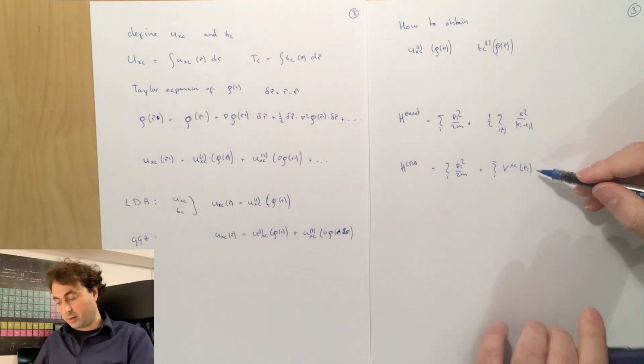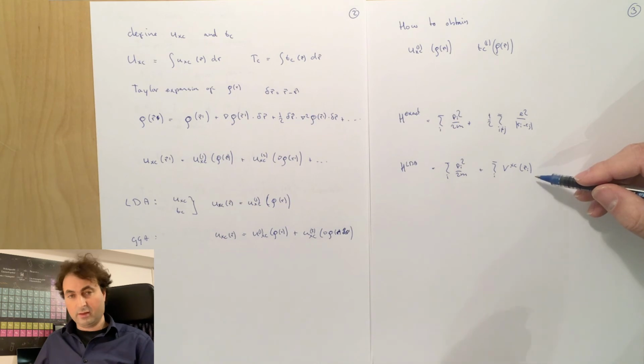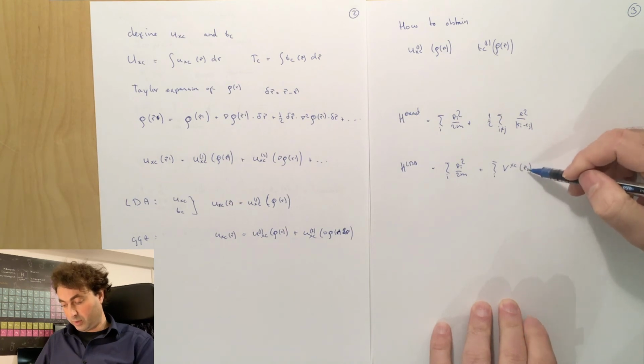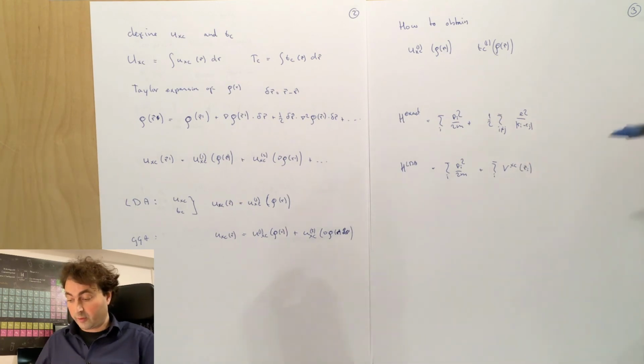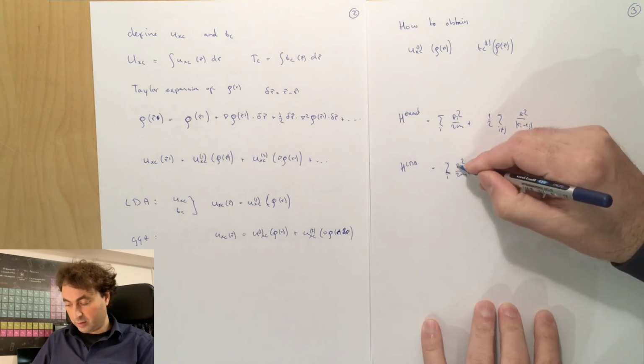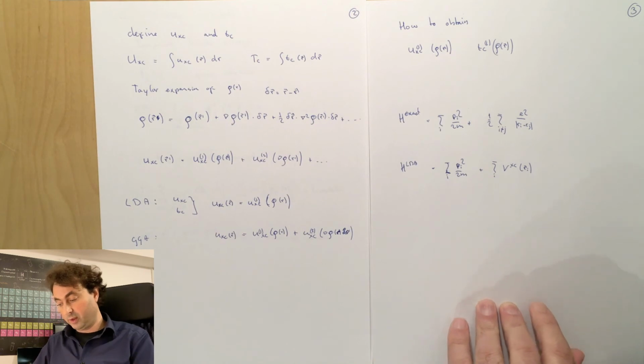The eigenstates of your LDA Hamiltonian now do not represent the real particles, but represent some quasi-particles, where the exchange correlation potential does include corrections to the kinetic energy, as the kinetic energy for a single Slater determinant is not the kinetic energy for your real Hamiltonian.